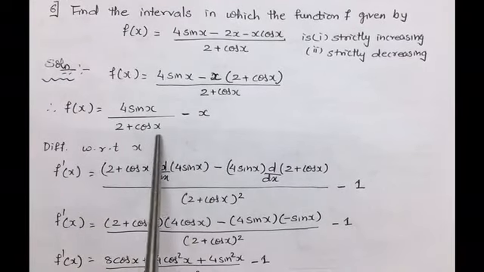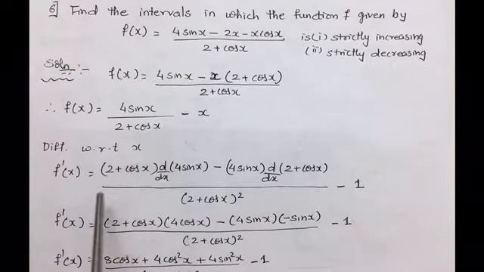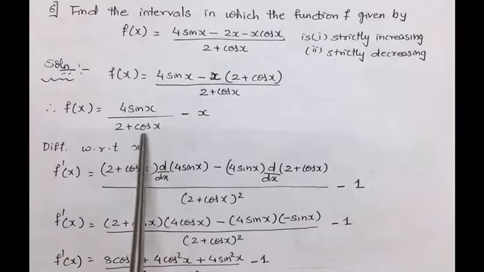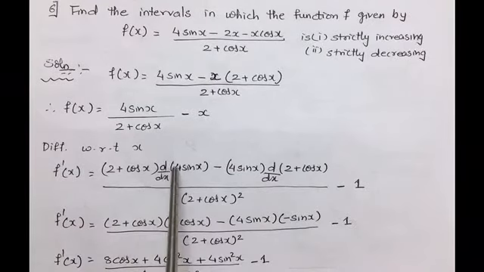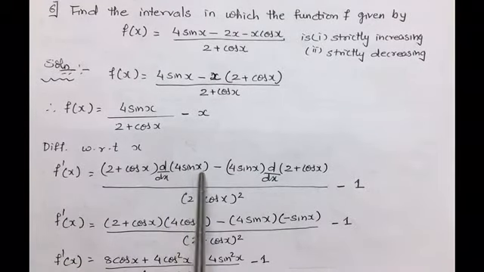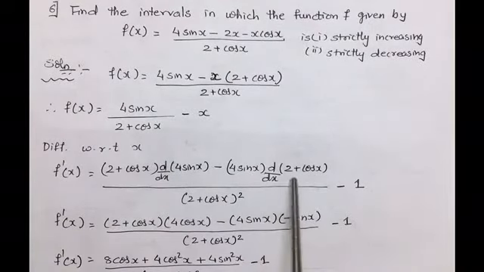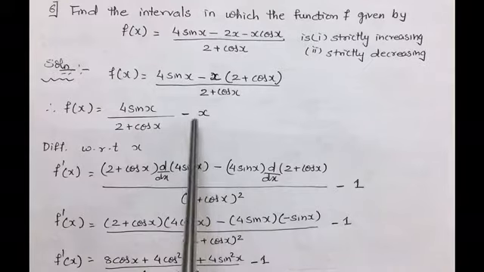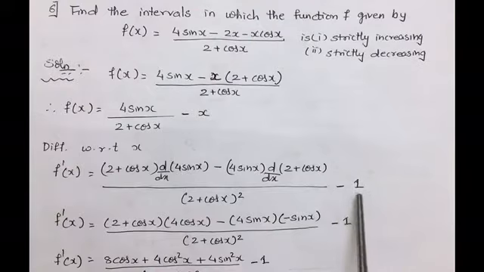After simplifying f(x), we will differentiate f(x) with respect to x. So f'(x) is equal to, using the division rule, (2 + cos x) as it is, d/dx of 4 sin x, minus 4 sin x as it is, d/dx of (2 + cos x), whole divided by (2 + cos x) whole square, and the derivative of x is 1, so it becomes minus 1.